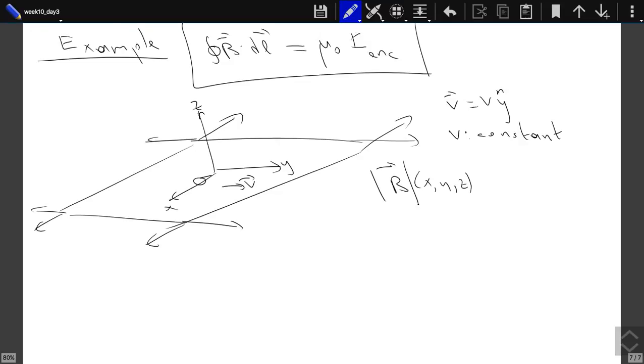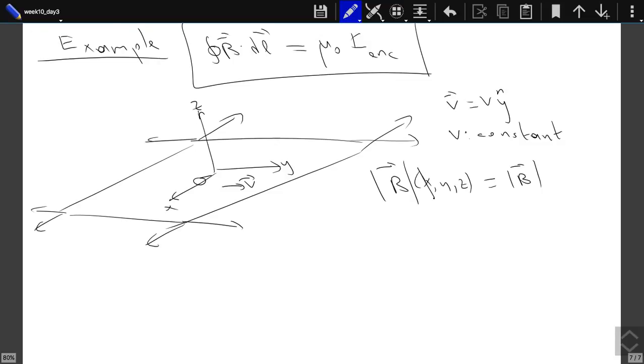Or let's say, rather than putting my origin over here, I just displace it by some distance along the x-axis. So all the points will have a different x-coordinate now. Nothing will change, so the magnetic field at that point shouldn't change if I change the x-coordinate. So it cannot depend on x.